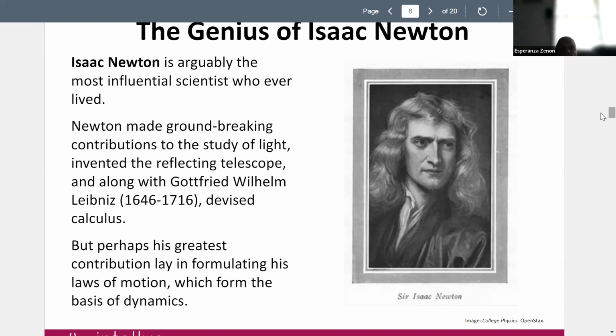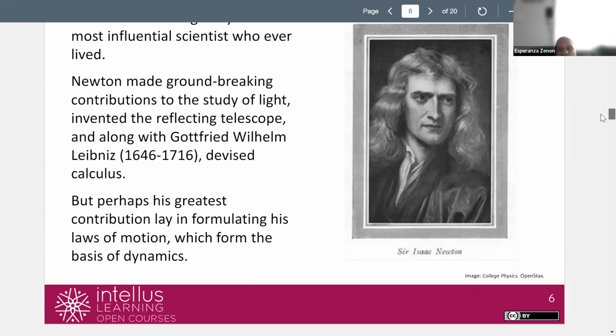All right, but motion and this type of motion physics or Newtonian mechanics wasn't the only thing that he contributed. There are so many things that he was interested in, light, and as I said, calculus, gravity, but we give him credit definitely for the laws of motion, which are, as they mentioned here, the basis of dynamics.